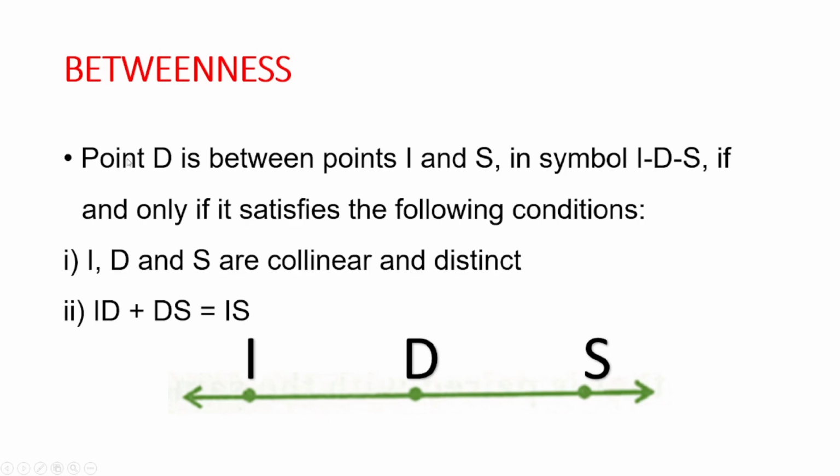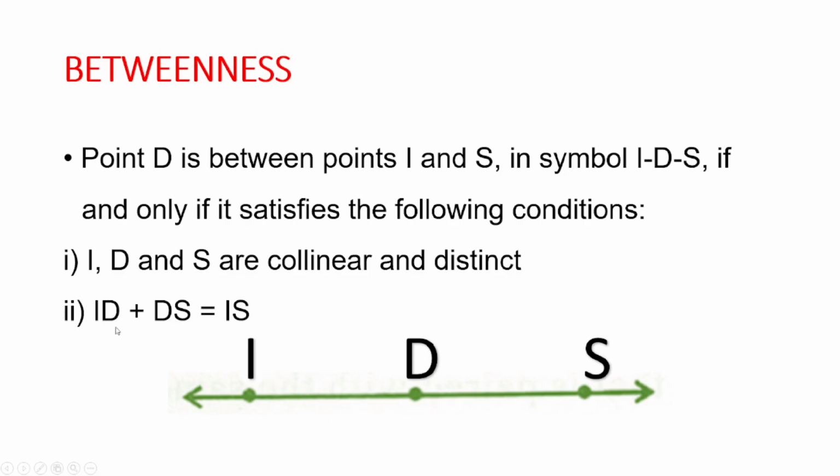So for point D to be in between, you need to satisfy these two conditions. First, I, D, and S points should be collinear, and they are distinct. They are really different points, not the same points, class.